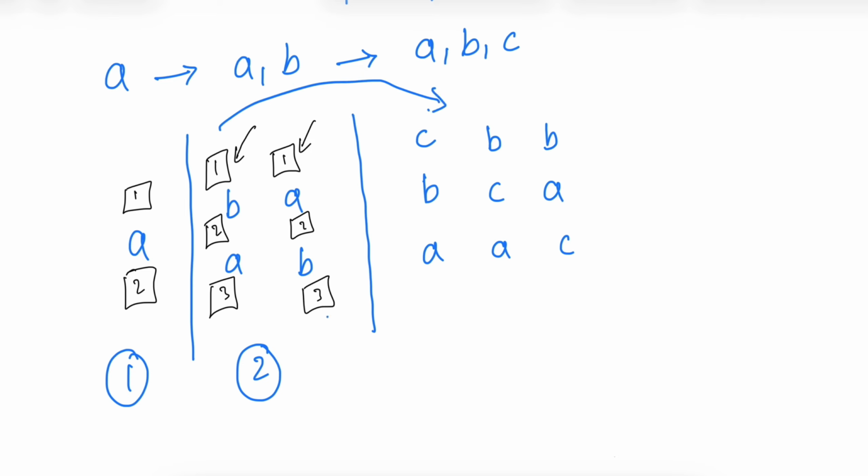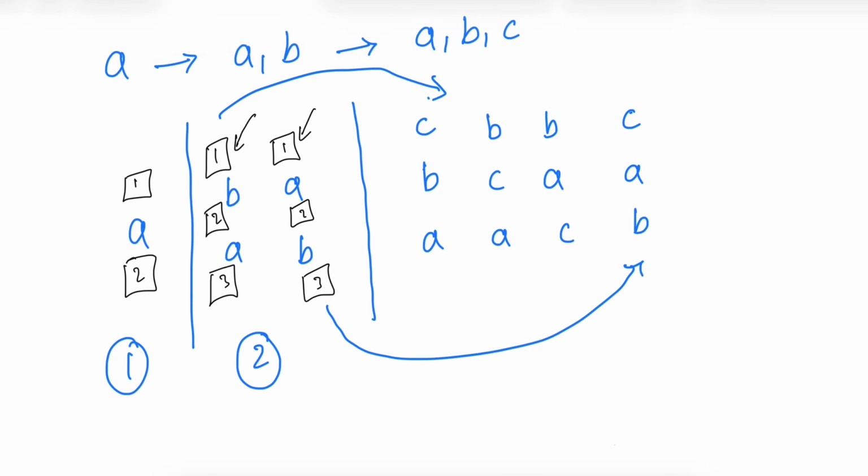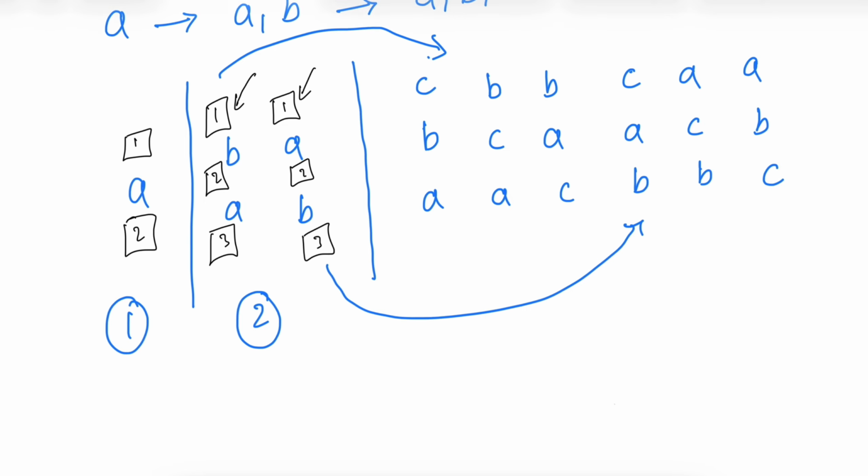And suppose A and B are standing, and then C wants to join again. So C can stand before A, or C can stand after A, or C can stand after B, right? So you can see that there will be six possible ways three kids can stand in the line.